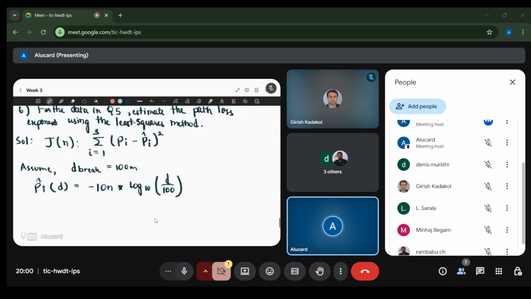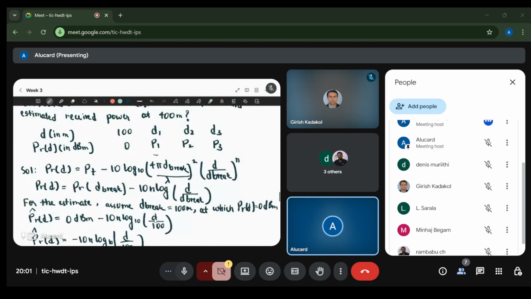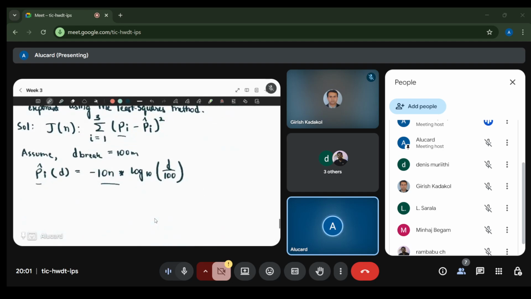You'll find the estimates of the received power for those 3 points. Then you subtract that. Of course, the estimates are a linear function of n, your path loss exponent, which is what you want to actually figure out. Then you find J of n, that is the sum of square error between the measured power, the power given in your table, P1, P2, P3, and the estimated power, Pi hat, which you estimate for all three values, D1, D2, D3.